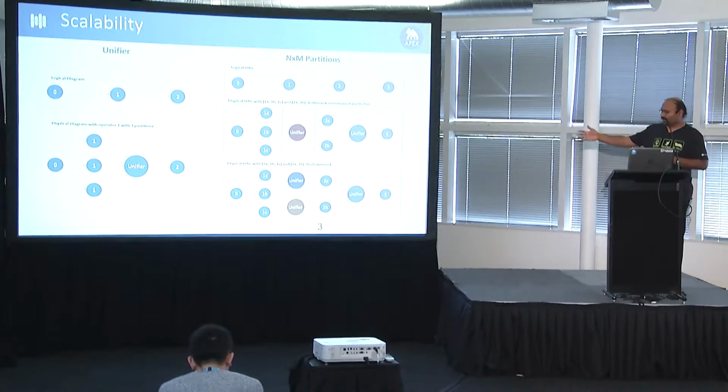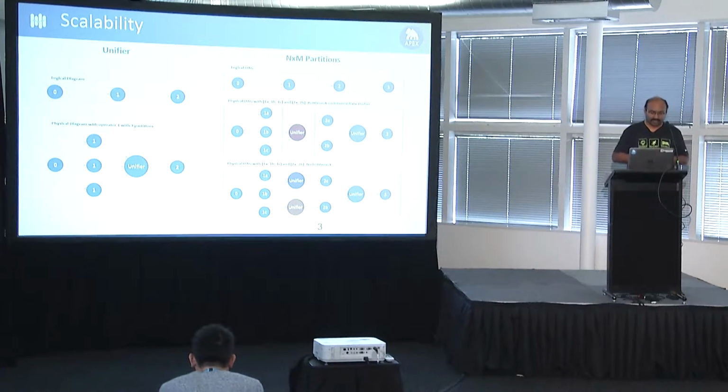So in this case, you have 2 unifiers, and both of them are getting, if it's all uniformly distributed, half the data, and thereby you're avoiding the bottleneck that you would have in the case of a single unifier. This is what we call N by M or M by N partitioning. Now, if you wanted to go back and have a single unifier, that's an option that's available as well.